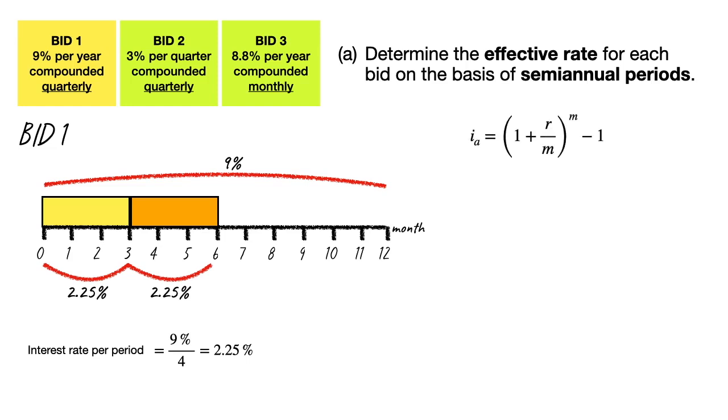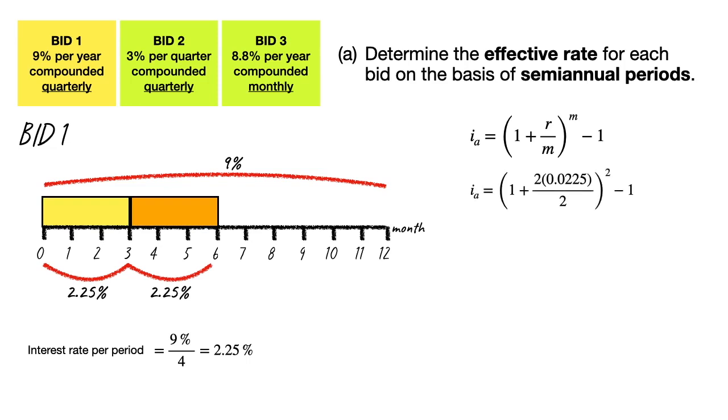That is why you need to use the RM formula. We can visualize it like this, and the R in this case would be the nominal interest rate for those 2 blocks that we want to calculate, which is 2.25% plus 2.25%. The M in this case would be the number of blocks or the number of compound periods.